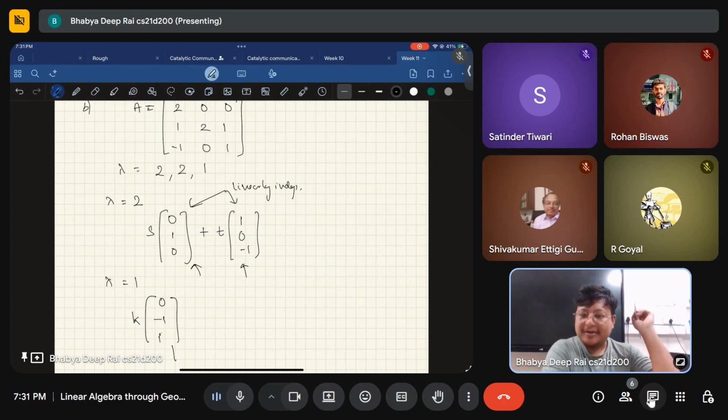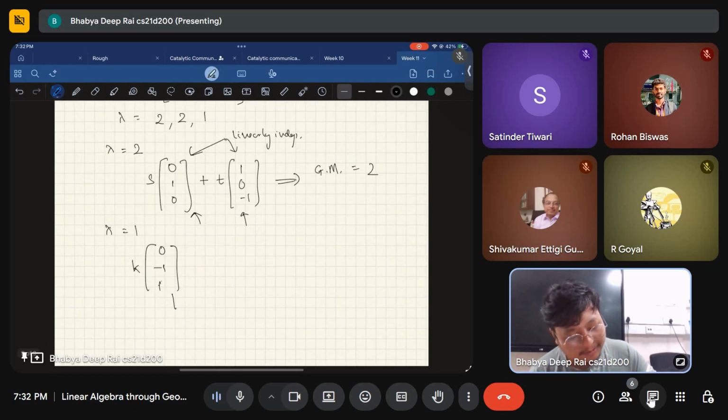Linearly independent means the vector space spanned by these two vectors, represented by vectors of the form s times 0, 1, 0 plus t times 1, 0, minus 1, has dimension 2 because there are two basis elements. So the geometric multiplicity of lambda equals 2 is also 2.